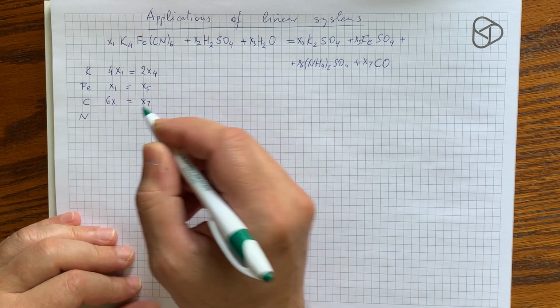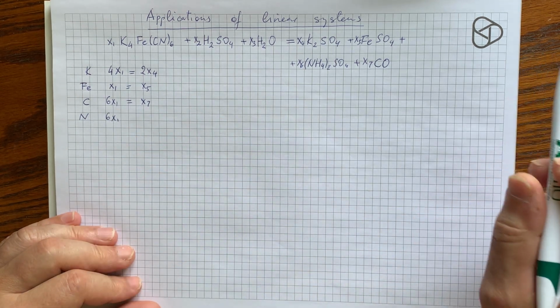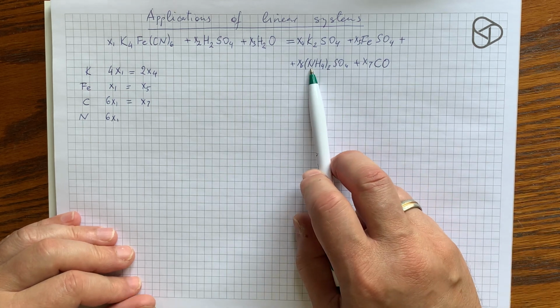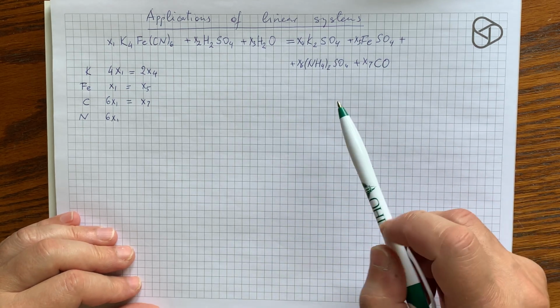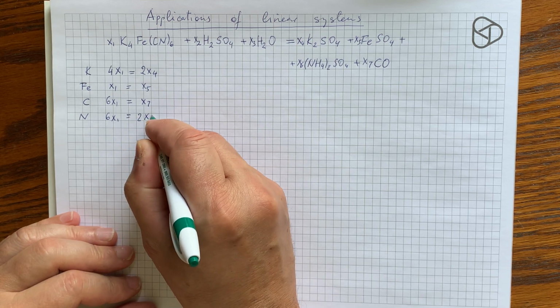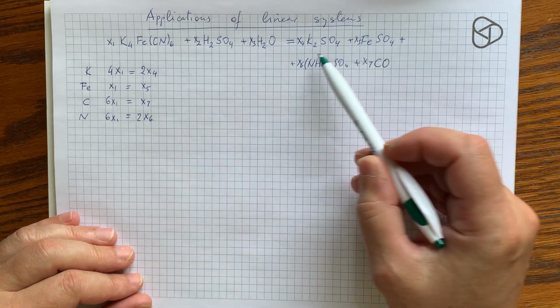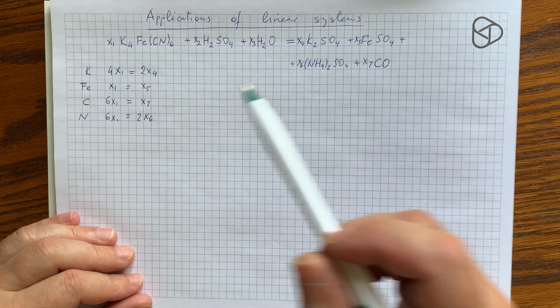For nitrogen, again 6 X1 has to match with the amount of nitrogen in this ammonium sulfate, which is 2 X6.